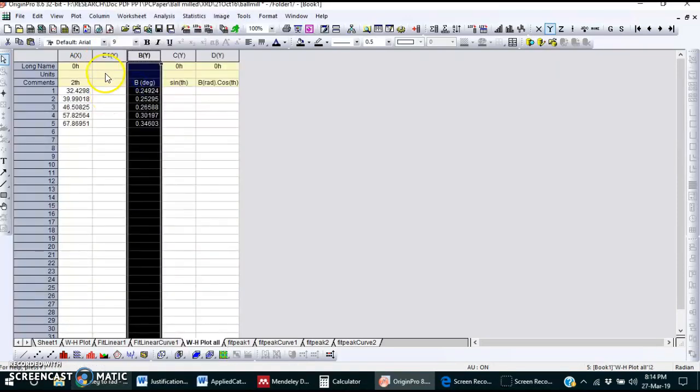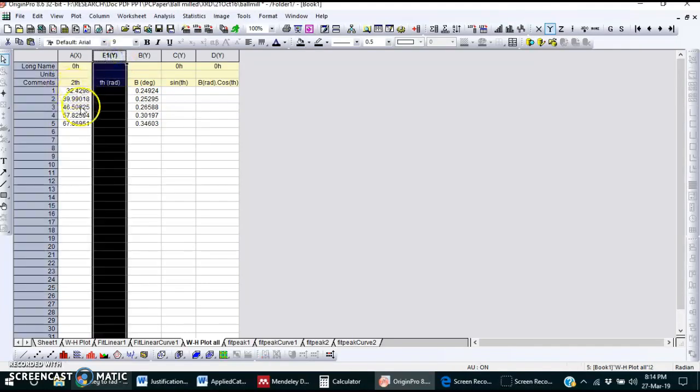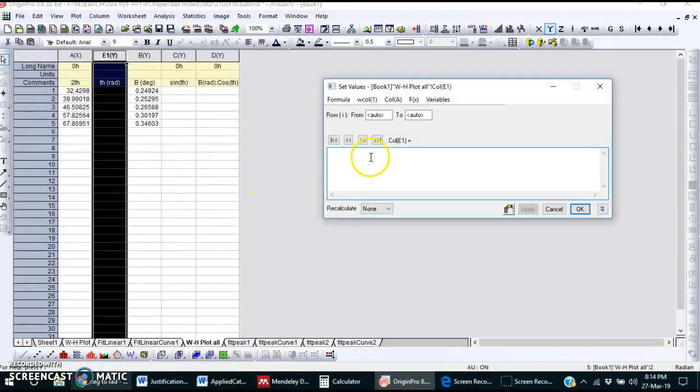So insert a column here. This is the theta column in radian. The value of theta would be half of it. So we will set the column values: column 1 divided by 2.